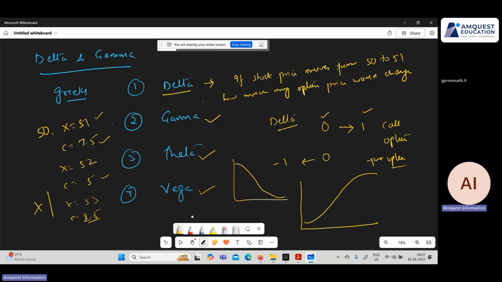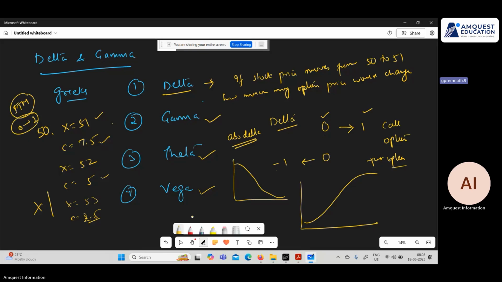And the point I'm trying to make is that although we know that for a put option it goes from 0 to -1 and for a call option it goes from 0 to 1, in the book and in a lot of places they use the word absolute delta. So they say that for an in the money option, ITM, the delta goes from 0 to 1.